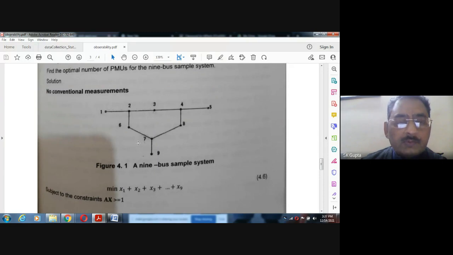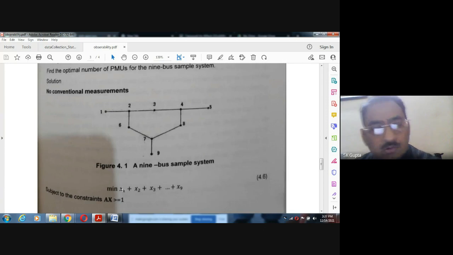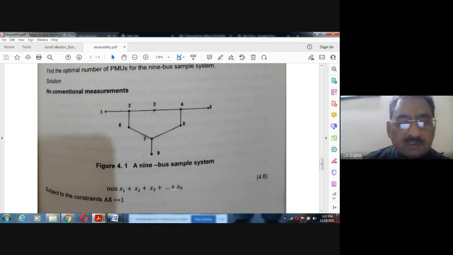So at node number 1, if it is connected, x1 will be 1. If it is not connected, x1 will be 0. So it will be 1 or 0, and likewise x1, x2, x3. If the price is the same, W1, W2, W3, for connecting a measuring instrument at any of the buses, if we consider it as 1, then the problem becomes minimizing x1 + x2 + x3 + ... + xn.